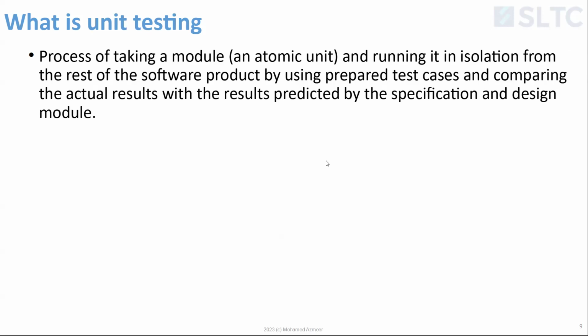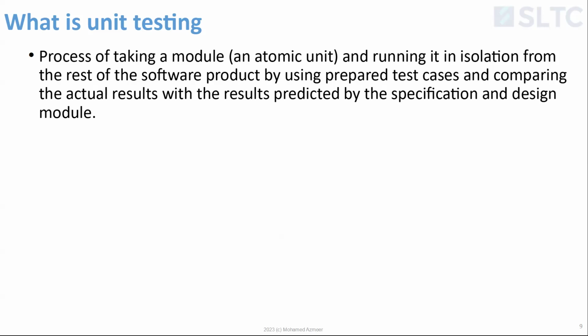Atomic level meaning you break it down into the simplest, smallest piece and you test it, okay? And you, of course, have a test case, test documentation and things like that. And you are testing, you're basically comparing.